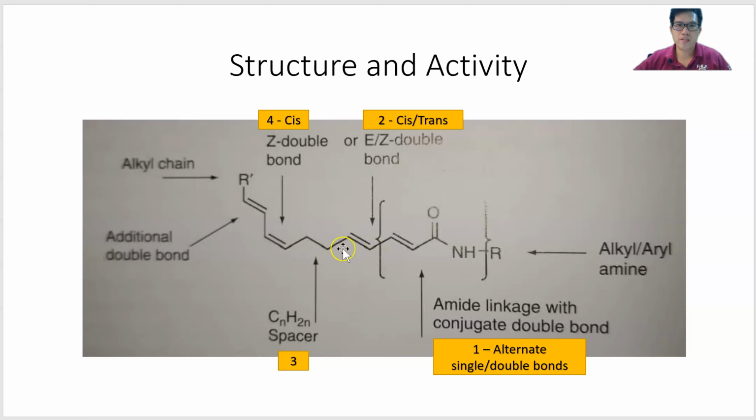Third, usually they have a few carbons as a spacer. And fourth, you have a cis configuration double bond over here. A lot of these tingling compounds contain these four features in their structure, which give this kind of tingling effect.